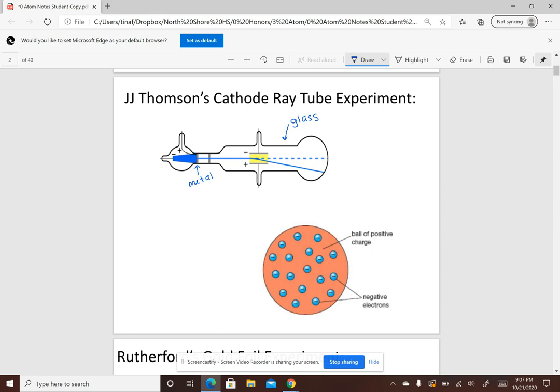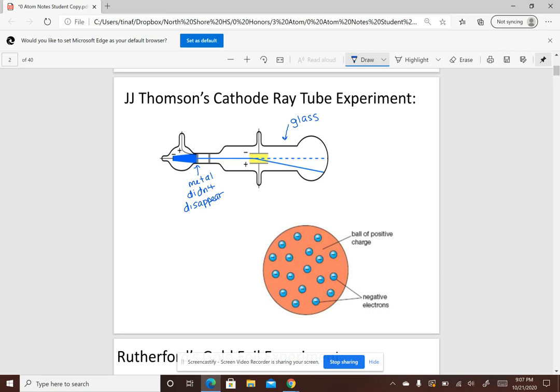So two things happened that J.J. Thomson thought were important. The first thing he noticed was that as this beam of radiation was leaving the metal, the metal didn't disappear. You would think, well, if particles are leaving matter, then over time the matter is going to disintegrate and get smaller.